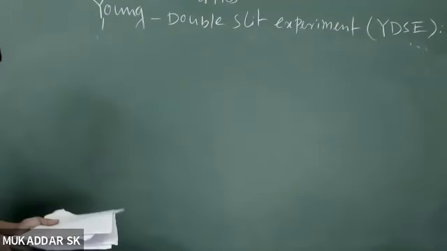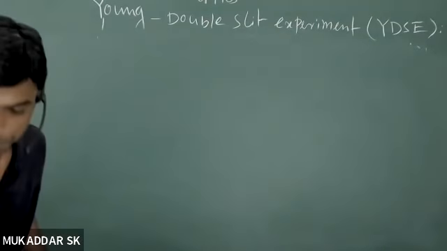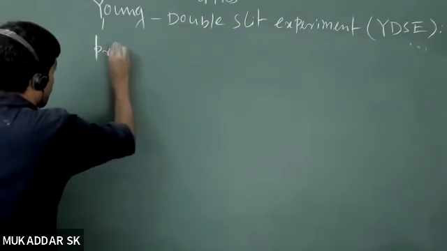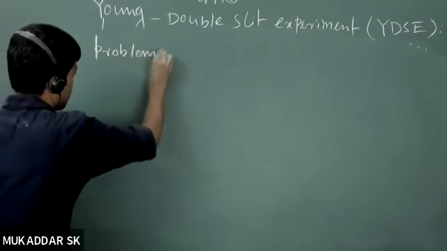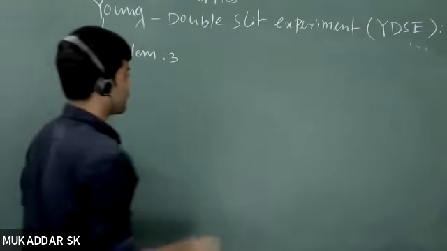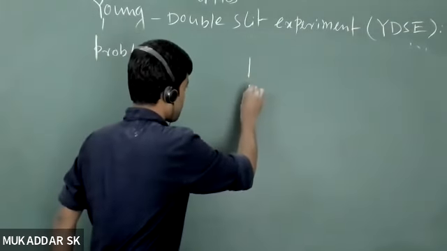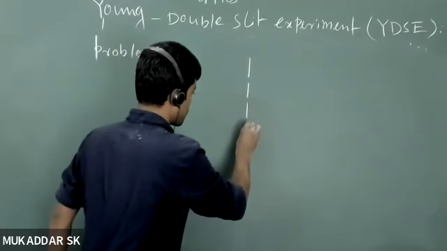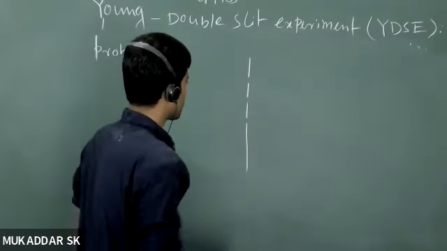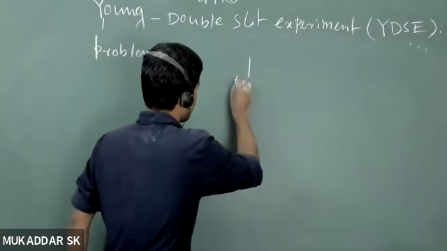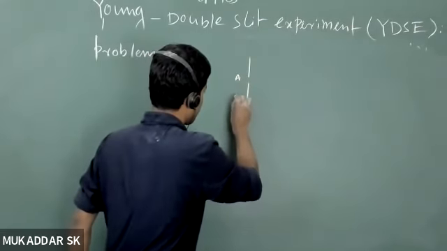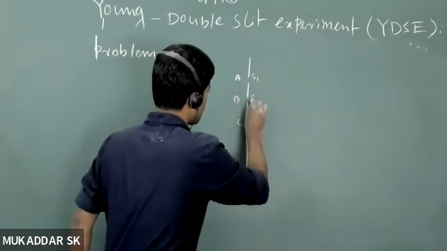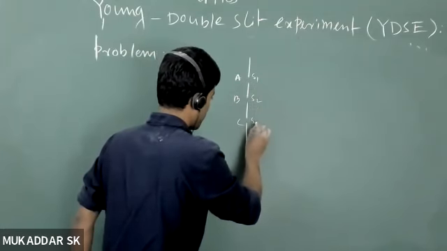Okay, now next problem, problem number 3. Again, you have 3 slits, A, B, C. 3 slits are there, S1, S2, S3.